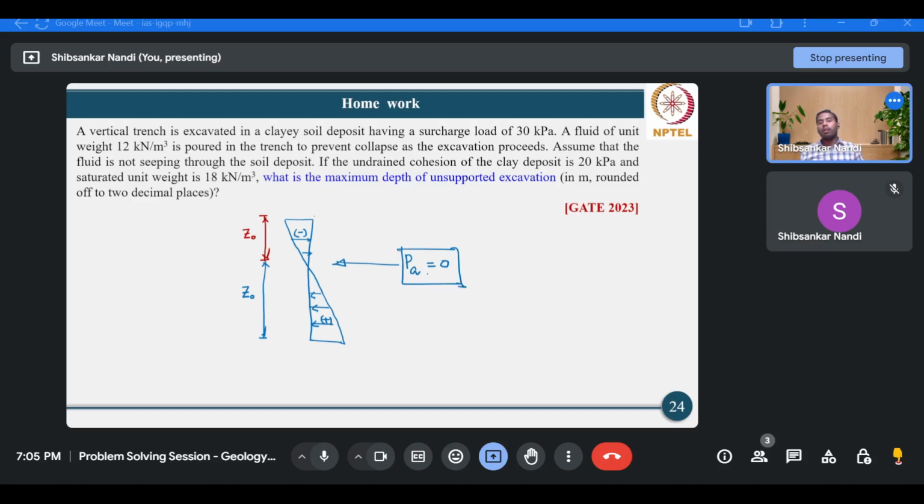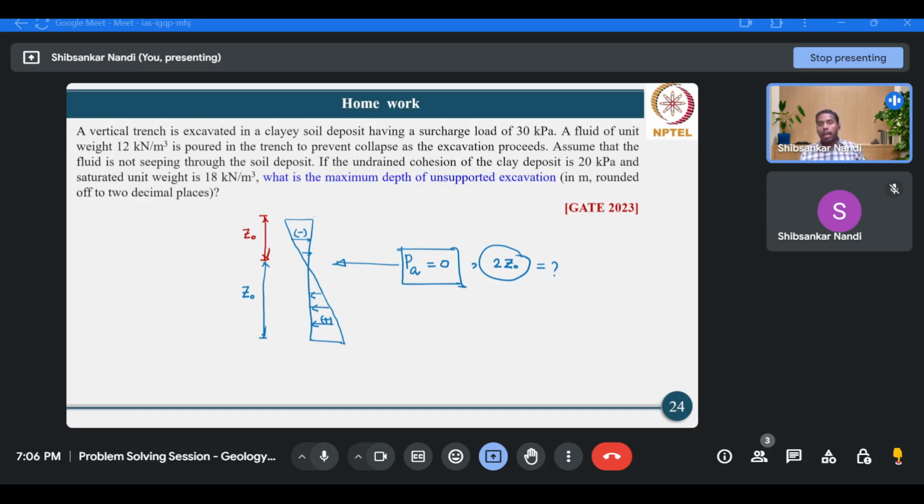So if you carry on the excavation up to this depth, that is twice Z0, you can safely carry on the excavation without any lateral support or confinement. There is no need of any confining pressure, because the soil will stand alone without any support, since there is no lateral active pressure on the soil.